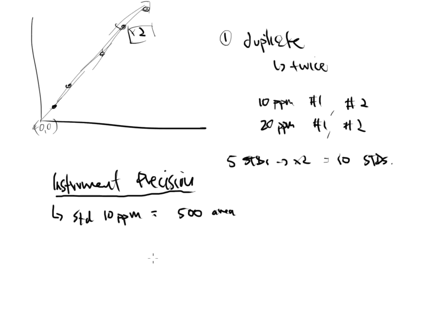Well, if I just leave it at that, I'm just going to understand that that was the first standard that was analyzed on the machine. This is a number that the machine reported. I'm just assuming that it's correct, and then I go to standard number 2. But with a duplicate, I could run the standard 10 part per million again. And what if I get 300 area this time? Which one's correct?